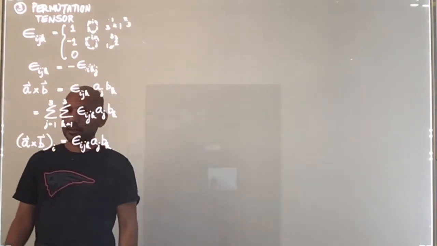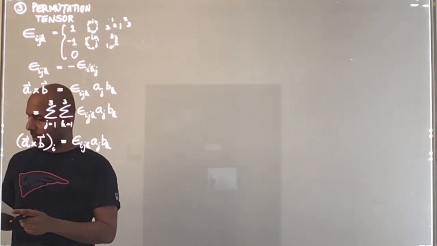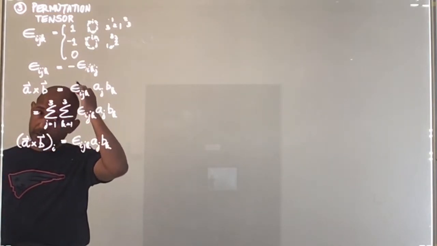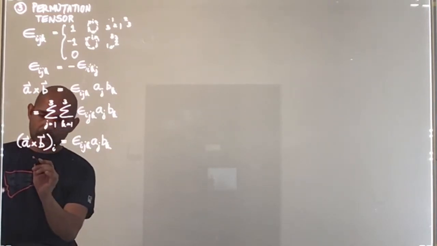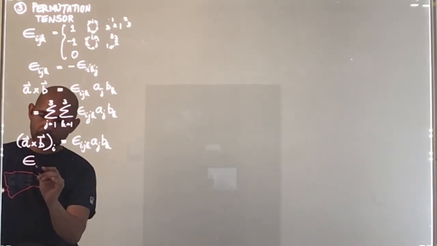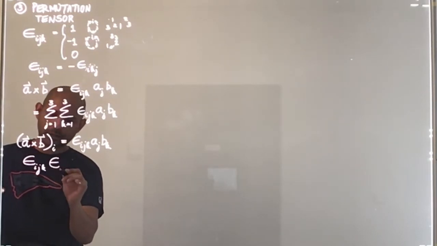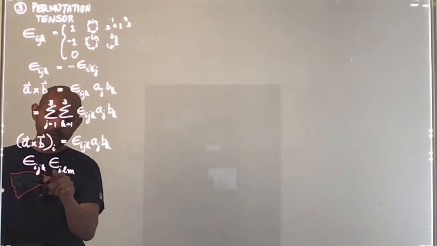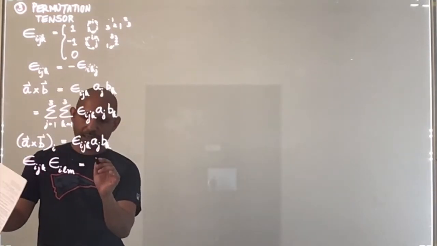And the other little formula that is worth, it comes into play a lot, is the relationship between the permutation tensor and the Kronecker delta. So epsilon ijk times epsilon ilm, so it has one common index here, I. This can be written as a product of deltas.